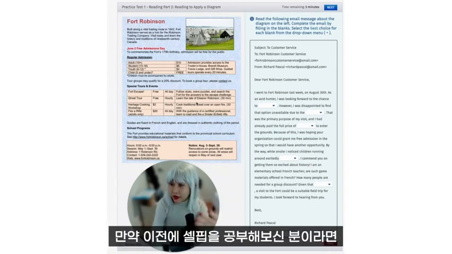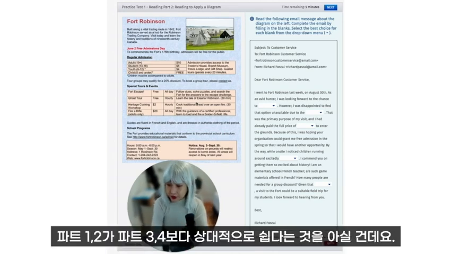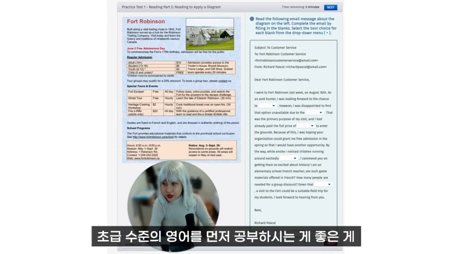If you had studied CELPIP before, you would probably know in the reading part 1 and part 2 is relatively easier compared to part 3 and part 4. So definitely part 3 and part 4 feel more like advanced level, but let's just stick to the beginner level.